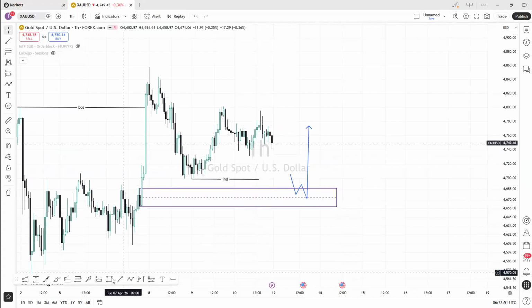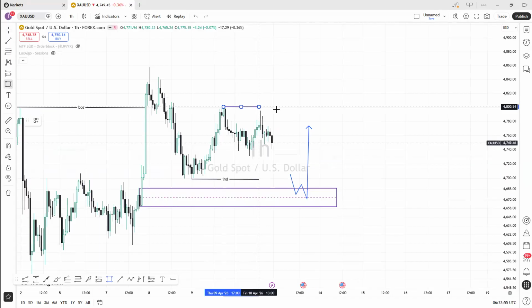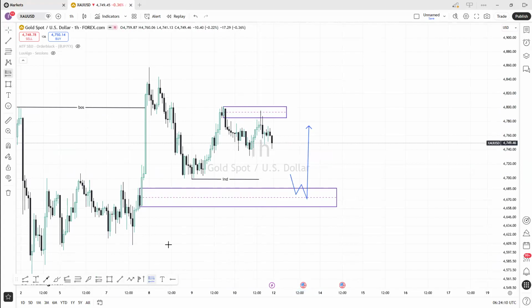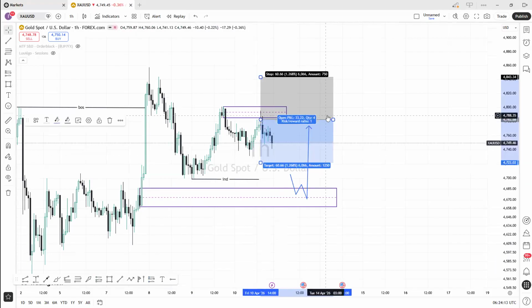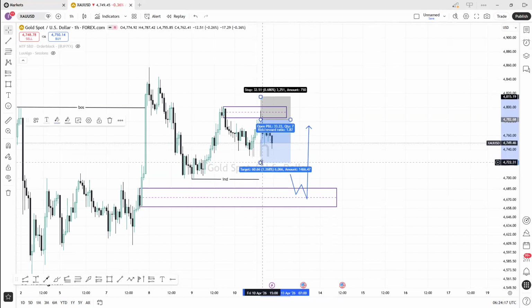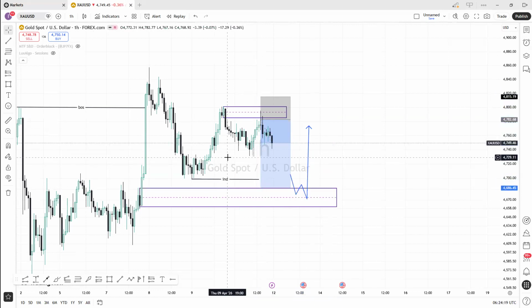On Friday, we took some short position around this area, from that 1 hour supply zone. We see very good reaction from that 1 hour supply zone. So we hold this short position from that supply, and then our target is around this area.